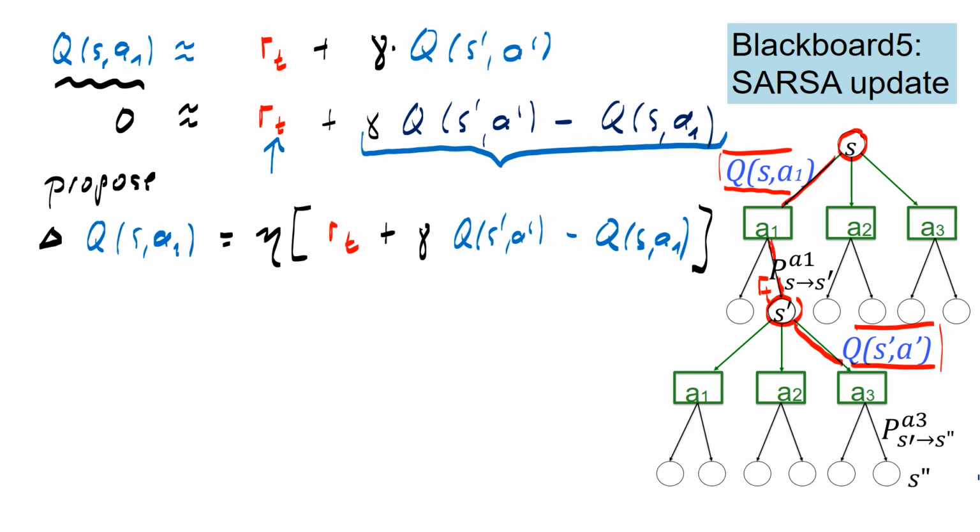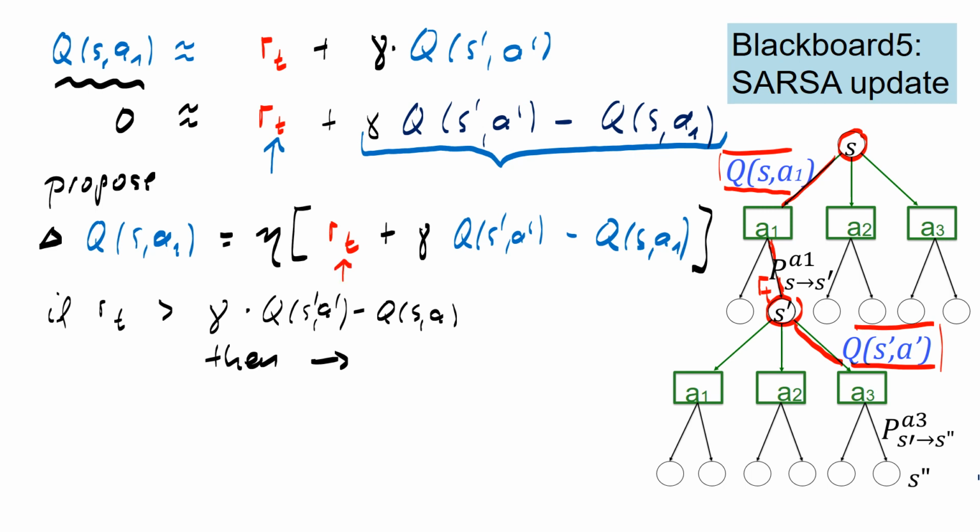Let's just check what happens if the reward R_t, say, is larger than this difference. If this reward is larger than this difference, then I will increase the Q value up here.